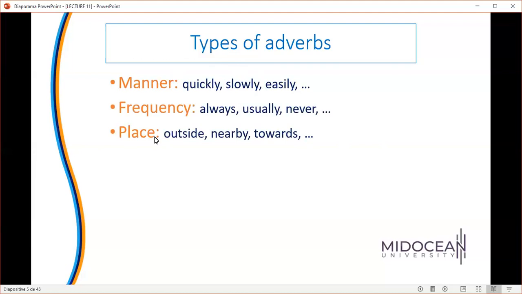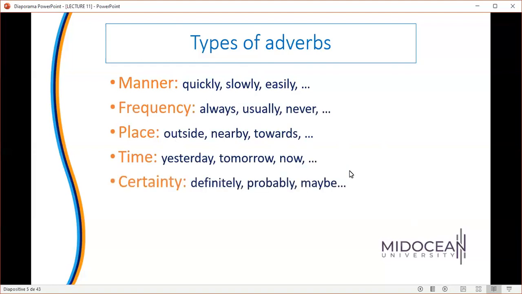Adverbs of place, like outside, nearby, towards. Adverbs of time, like yesterday, tomorrow, now. Adverbs of certainty, like definitely, probably, or maybe, and so on. Adverbs of degree, like very, really, quite, and so on.